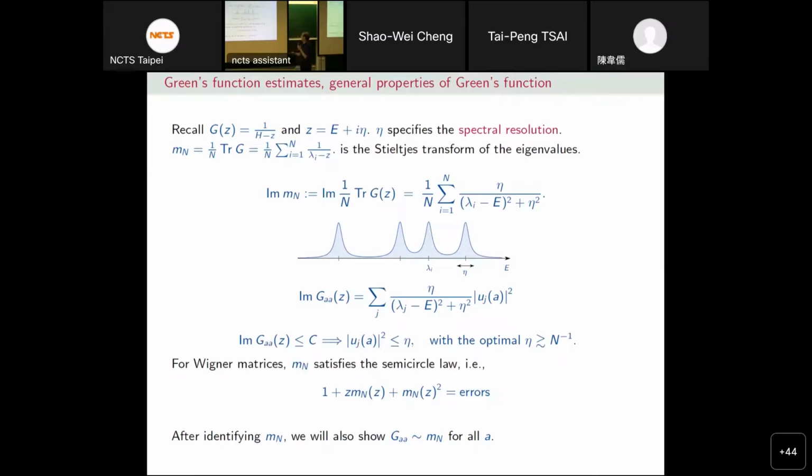But typically eta needs to be bigger than the eigenvalue spacing, because once it's too small, the function becomes spiky and almost impossible to track.